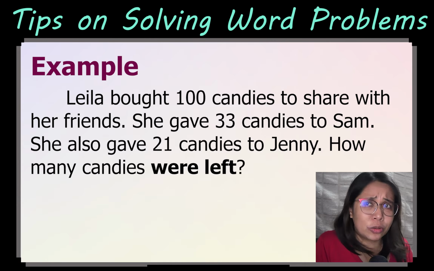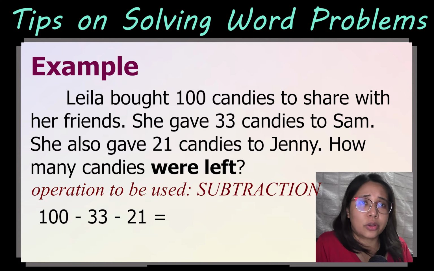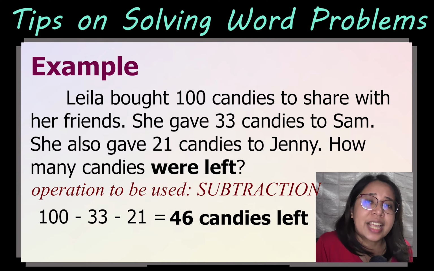After niya bigyan yung kanyang mga friends ng candy. So, ang ating operation na gagamitin ay subtraction. So, ang solution natin is 100 minus 33 minus 21 is equal to 46. So, Layla has 46 candies left.